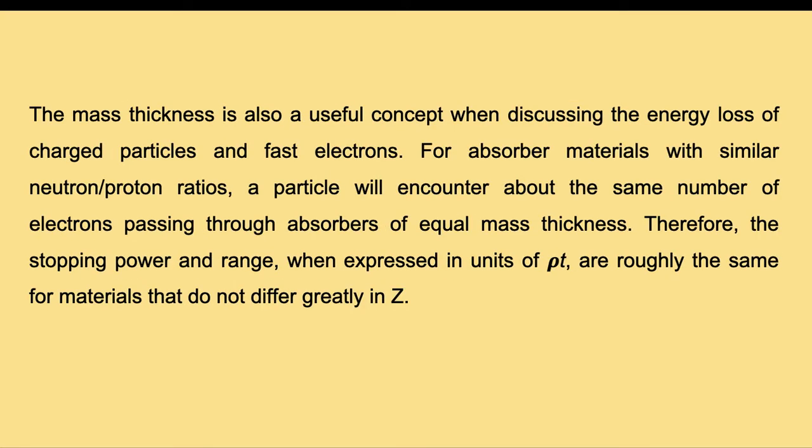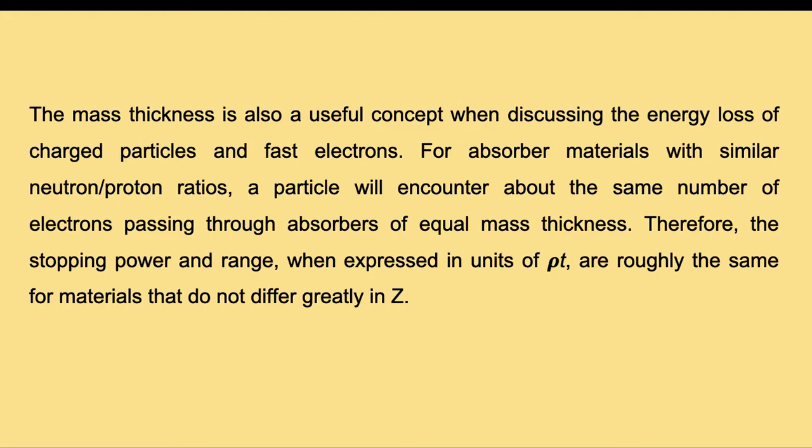The mass thickness is also a useful concept when discussing the energy loss of charged particles and fast neutrons. For absorber materials with similar neutron to proton ratios, a particle will encounter about the same number of electrons passing through the absorbers of equal mass thickness.